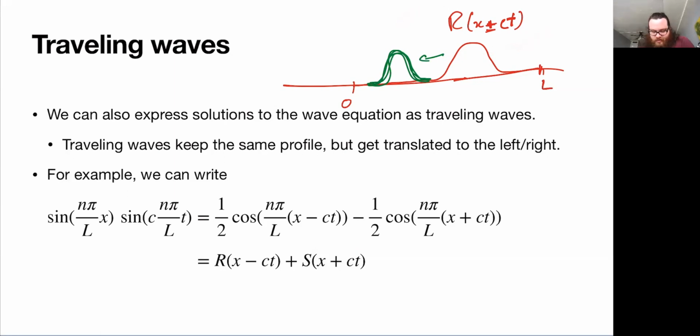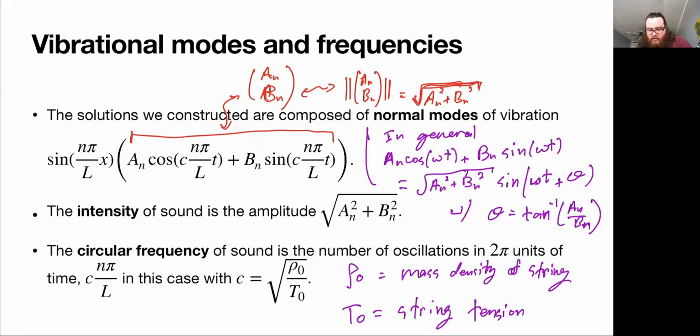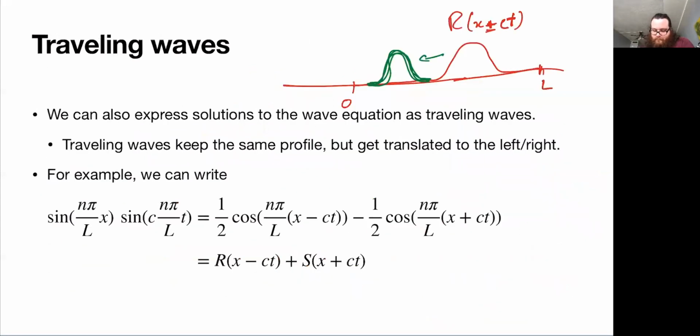One way to see that is, this is one of the two terms that showed up in the solution to the wave equation for these normal modes. If we go back here, distribute the sine to each piece, what we're looking at is now this sine term times the sine term. So that's what we have here.